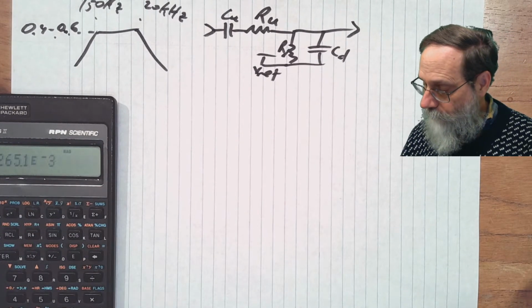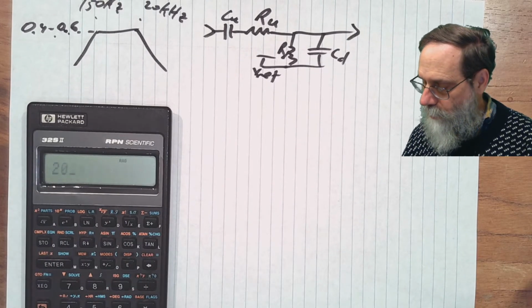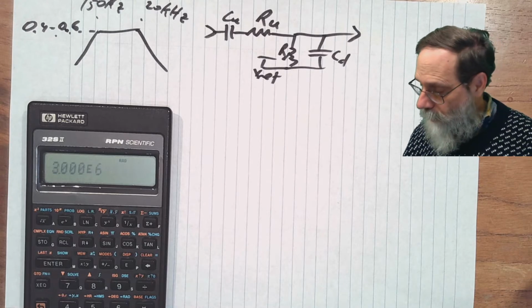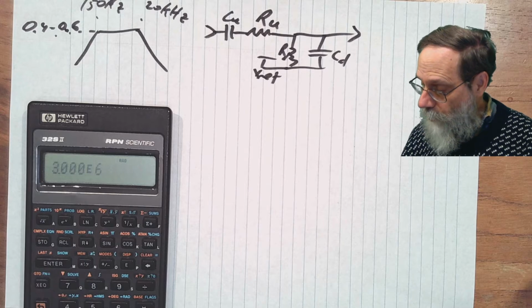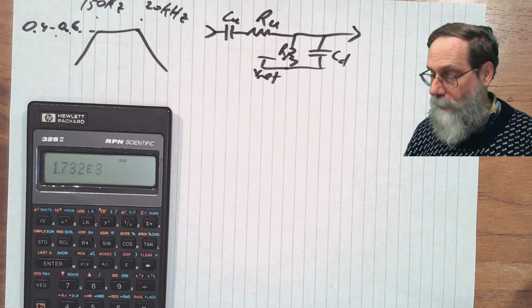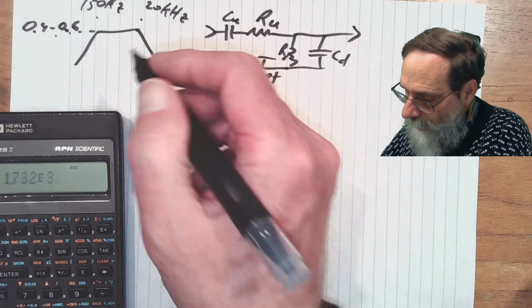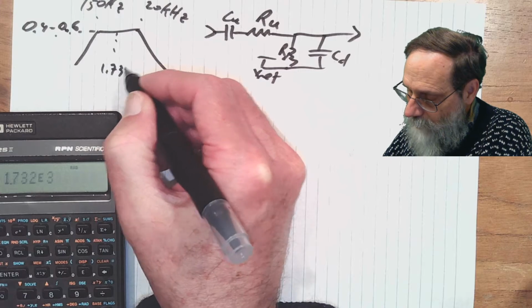So that's 150 hertz and 20 kilohertz. Multiply those together and we get 3 million. Take the square root, and this is going to happen at about 1.73 kilohertz.